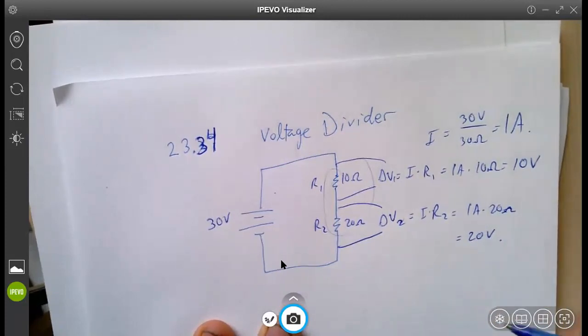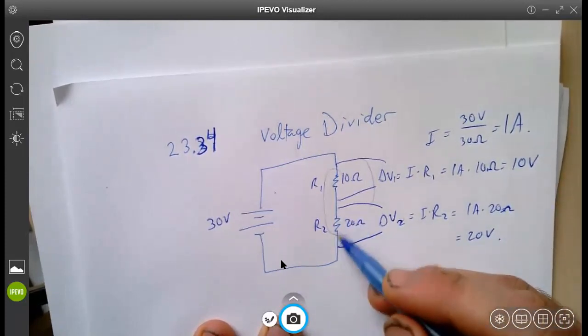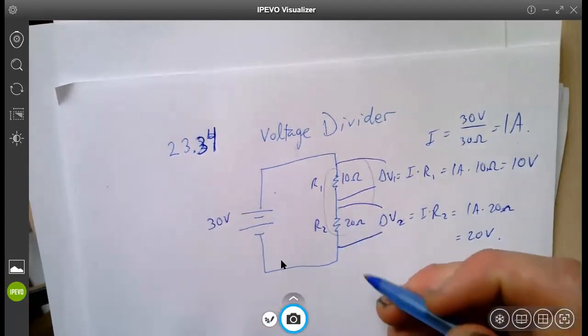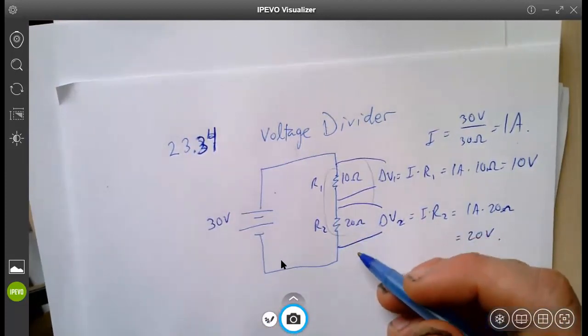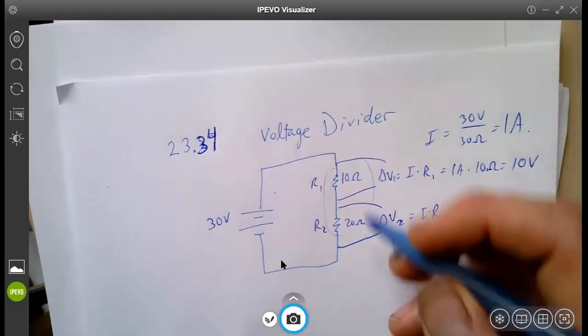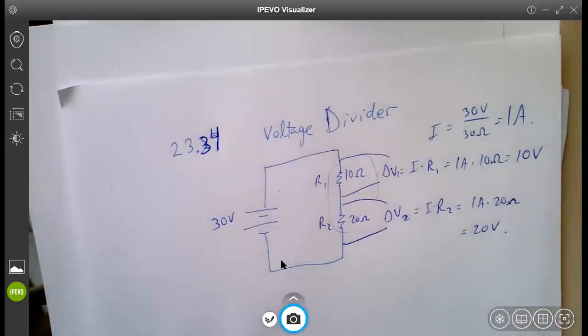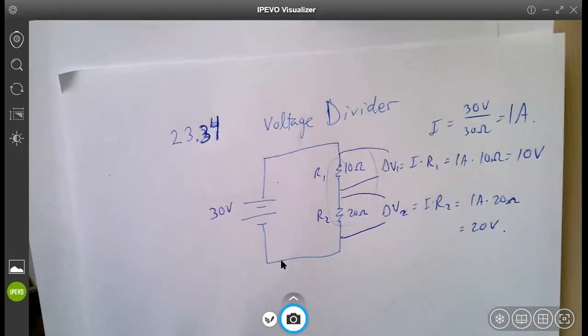So you can see that if you have two resistors, the bigger the resistor is, the more voltage drop there's going to be. So that's the basic idea, and that's something that I think will be helpful for you in problem 23.34.